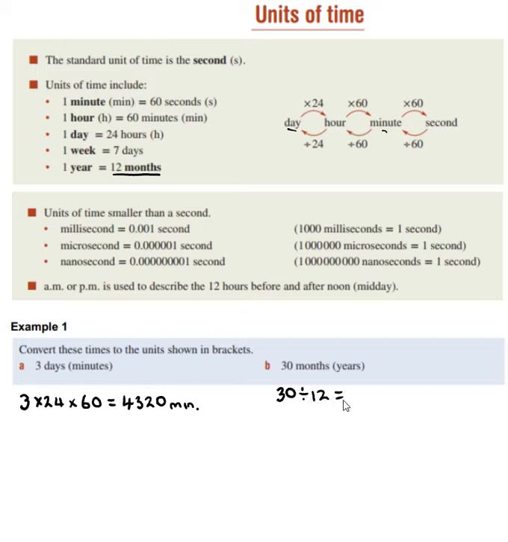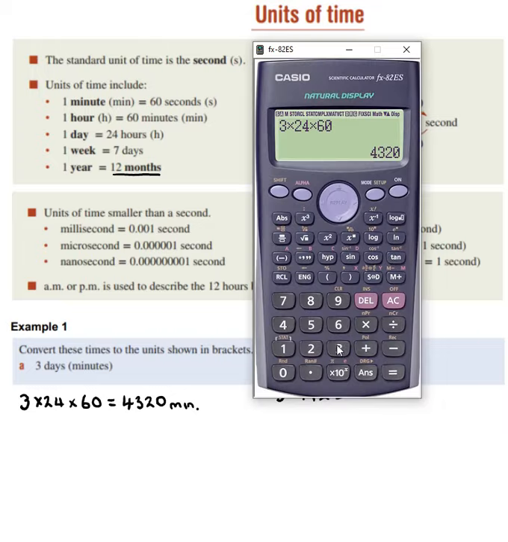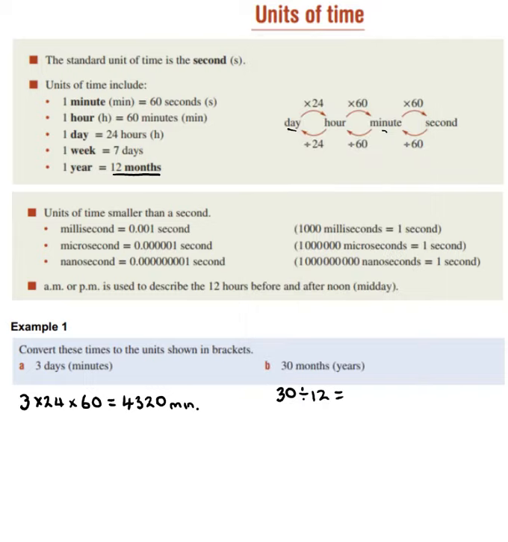Now we know that's not going to be a whole number. It's going to have some sort of fraction. So we're going to do 30 divided by 12 equals 5 over 2. Now if I do my shift button and the SD button, it will give me the answer of 2.5, which means that 30 months is 2.5 years.